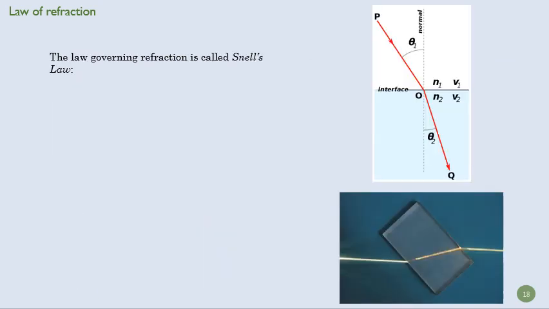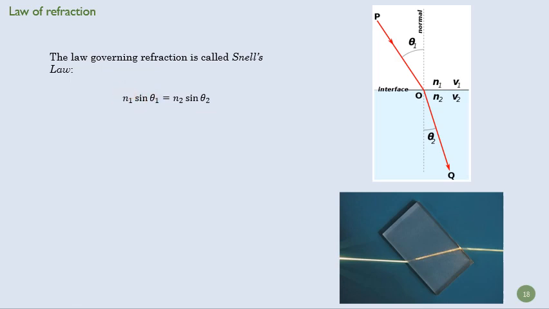So we have a law that governs the relationship between the incident angle and the outgoing angle here, and that is called Snell's law. Snell's law is not too complicated. It has to do with the angles and the indexes of refraction.